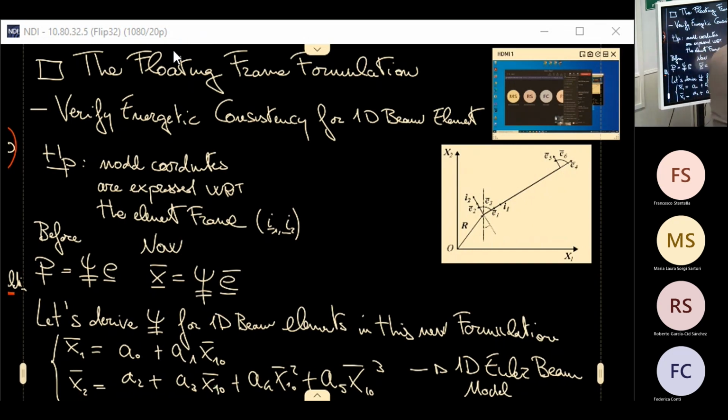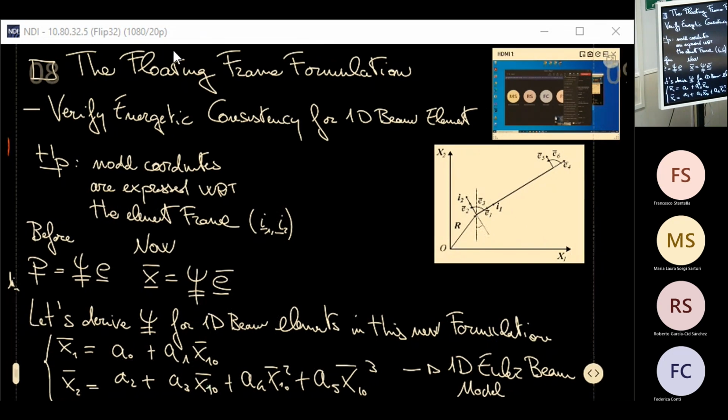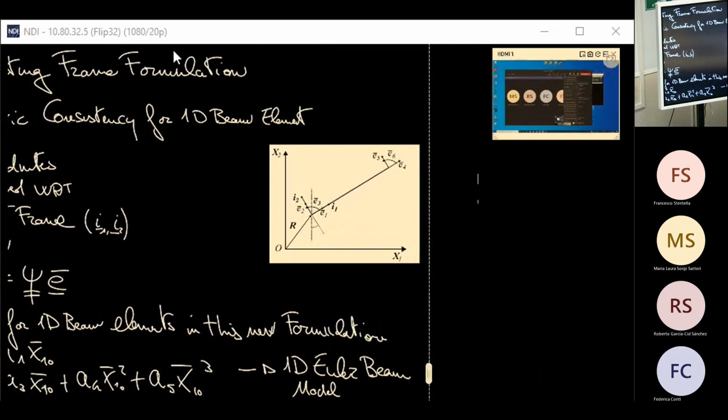Okay, so again, we proceed as we know. Please note that in this case, our E, the nodal coordinates, they are not anymore oriented with respect to the inertial frame, but with respect to the local frame, you see? Okay, as we have said.